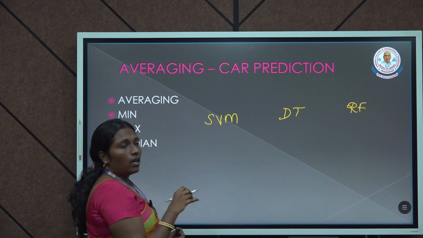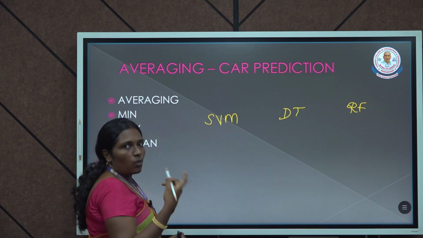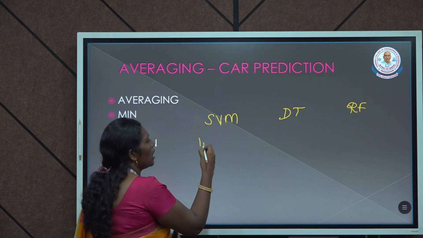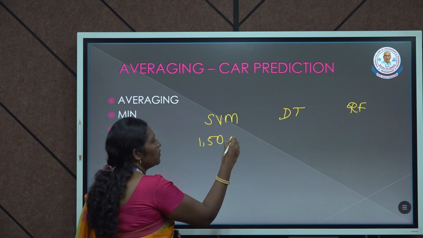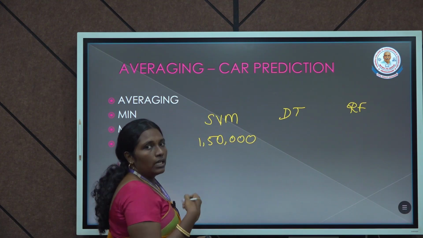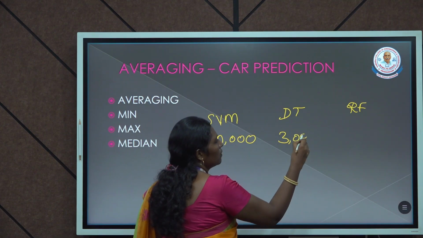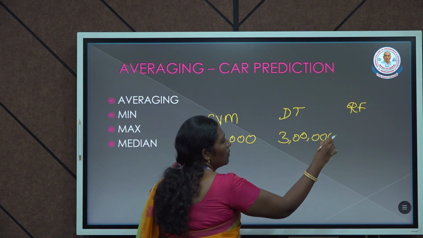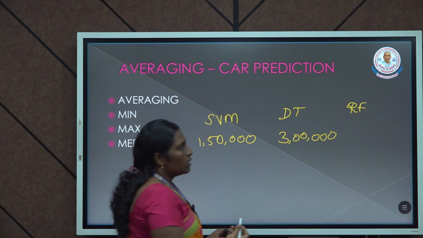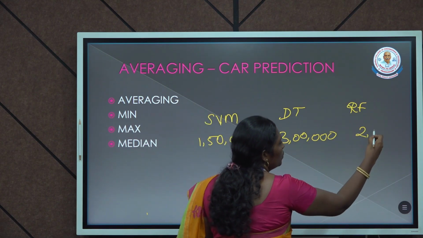Here the SVM, that is dealer 1, says you can get the car for 1,50,000. Dealer 2 says you can get this car for 3 lakhs. Then dealer 3 says you can get the car for 2 lakhs.